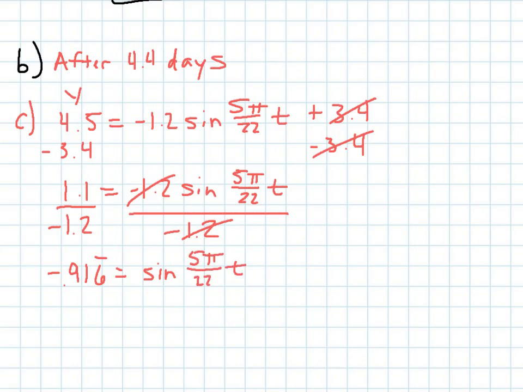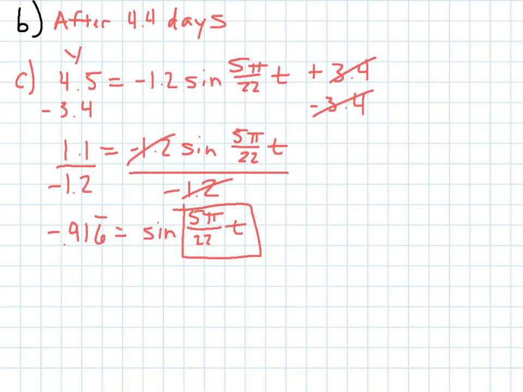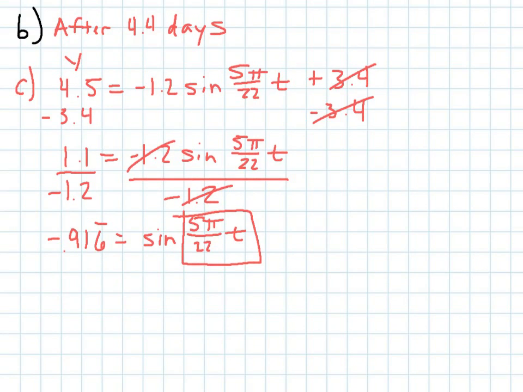Now remember, this is all a part of your angle, so I need to take out the sine. So I need to do inverse sine of my answer that I have. That leaves me with 5 pi over 22 times t.